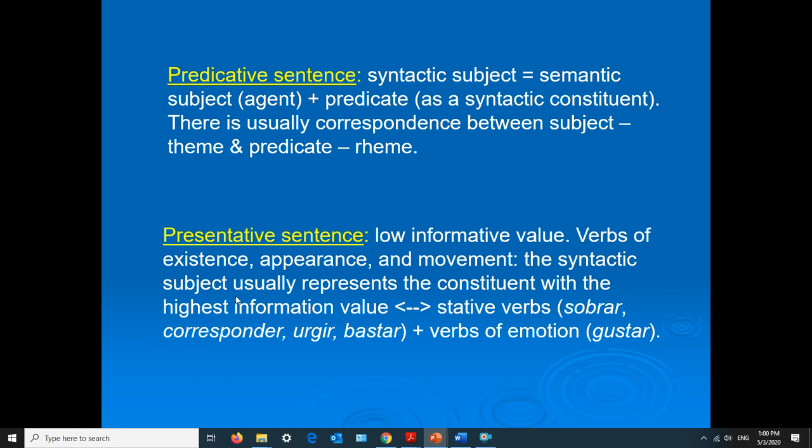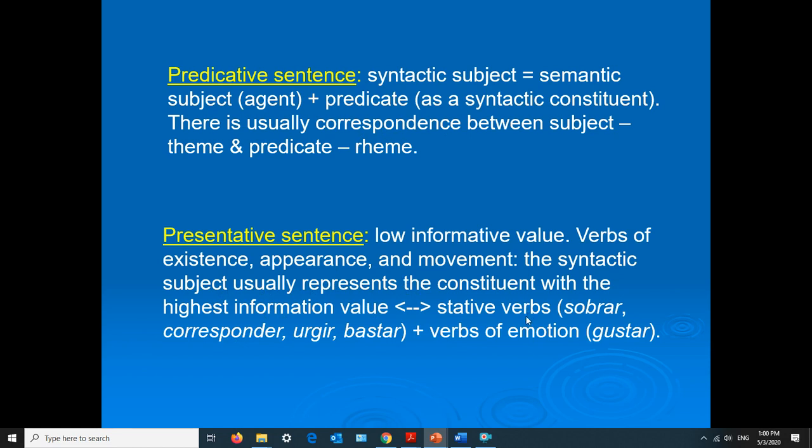The syntactic subject usually represents the constituent with the highest information value. Sorry, my bad. I said that low information value should be associated with the verb. And then the syntactic subject usually comes in reme position, and it is the constituent that carries the most information.